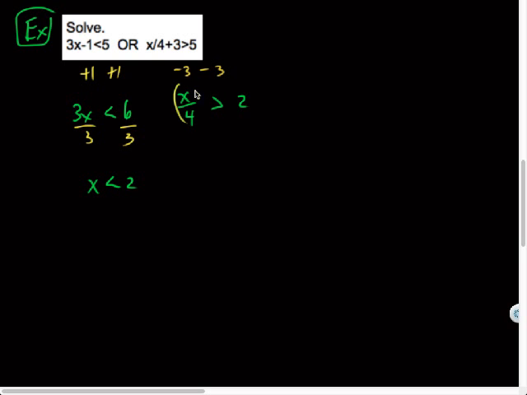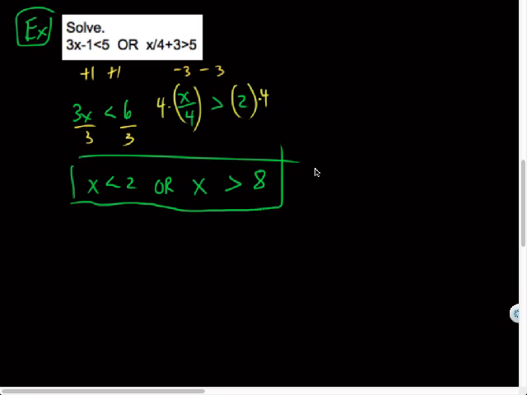Multiply by 4. So I'll get x is greater than 8. And this "or" here logically has been true all the way down, so I could throw a little "or" right there. And this would be my compound inequality with an "or", logically taking place there.